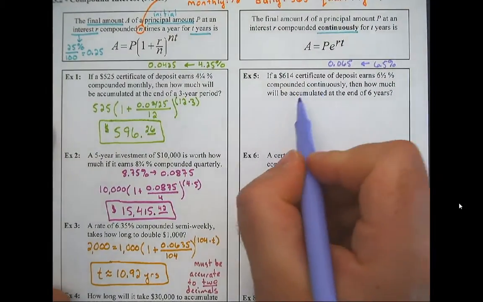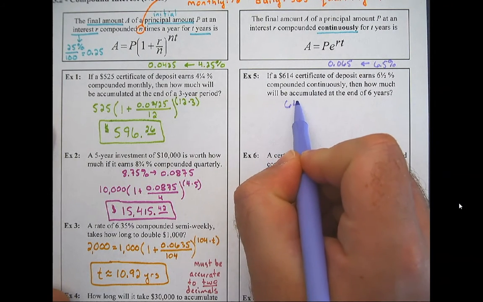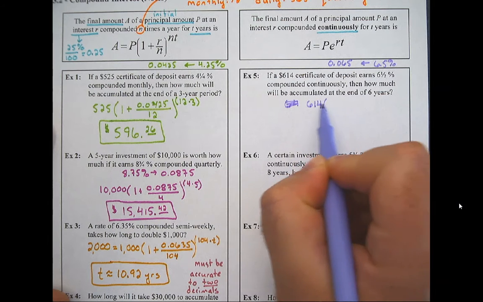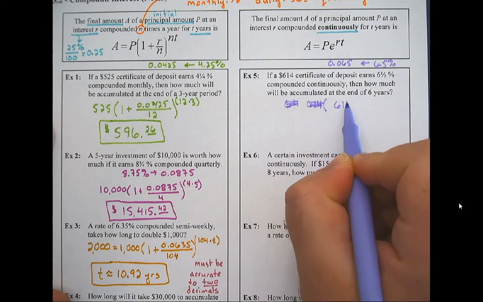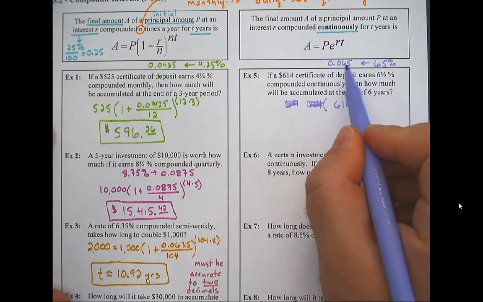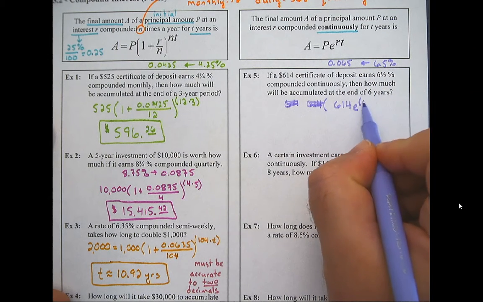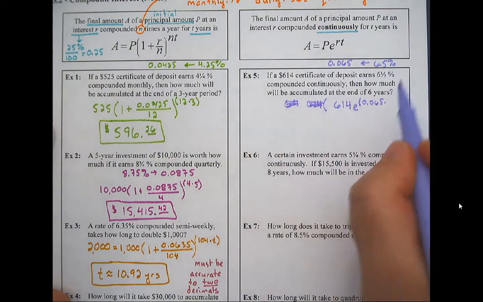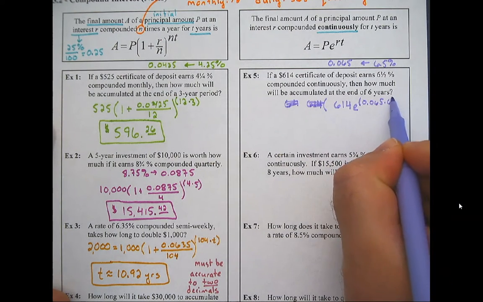So my initial amount is 614. 614 times e to the, now my rate we just figured out was 0.065 times, and then time is 6 years.